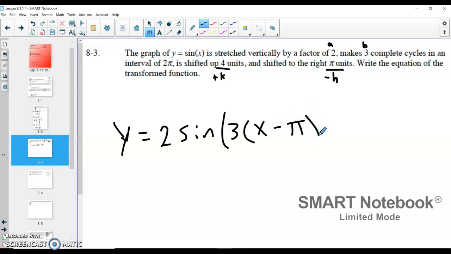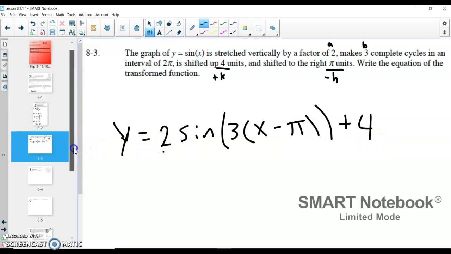And again, the 3 is on the outside. That was back to Laurel and Hardy's problem. And then plus 4 on the outside as a positive k value. And then that would be an equation that has the vertical stretch of 2, or 3 periods in the matter of 2 pi, shifted to the right pi units, and shifted up 4 units there. Okay.